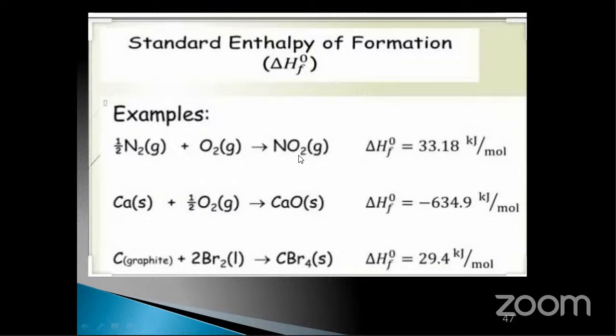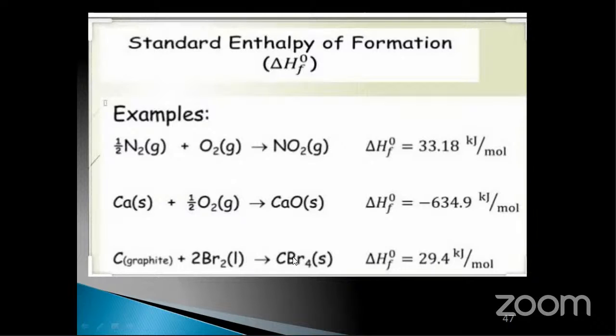Means for the formation of 1 mole of NO2, this much amount of heat is required or absorbed. Okay. So for the formation of 1 mole of CaO, calcium solid and oxygen gaseous are required, and the enthalpy of formation is minus 63.9 kilojoules per mole.